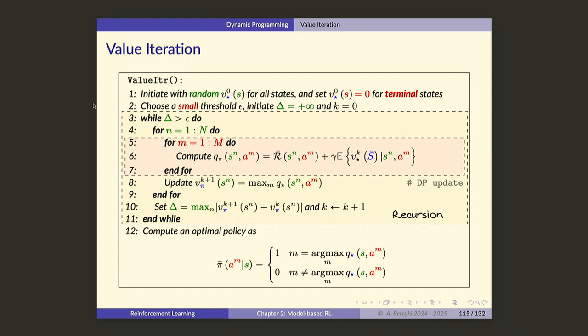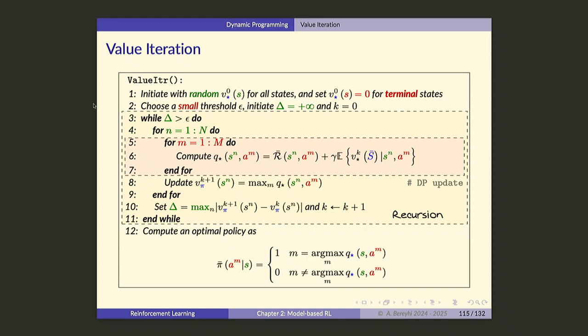I'm going to just consider some small value epsilon, then I get into the loop. For every single state, I need to just compute the action value for all possible actions, right? So this Q value that you see here, this Q function, the right-hand side is exactly the equation that you need for your update, right?